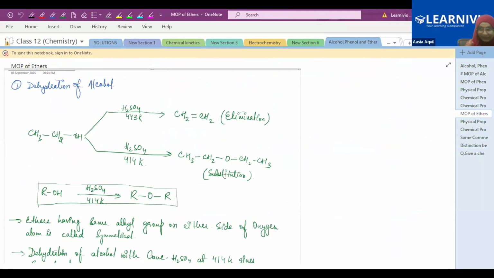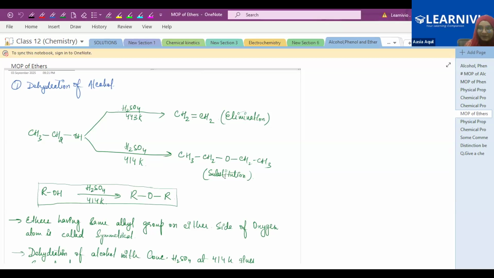In that we will discuss ethanol and methanol, their properties, how you can prepare ethanol commercially, what are the uses, etc.